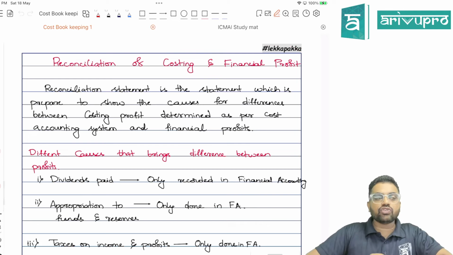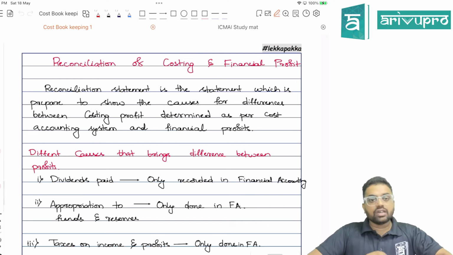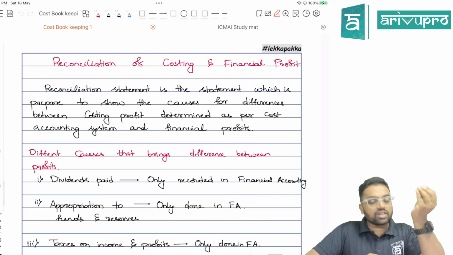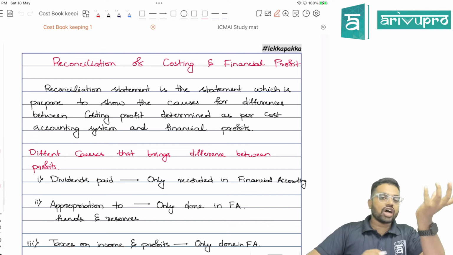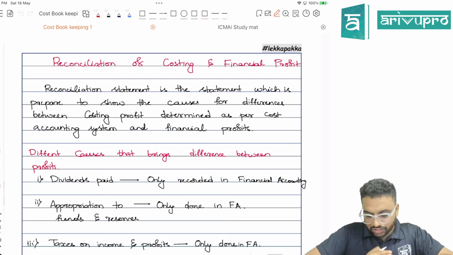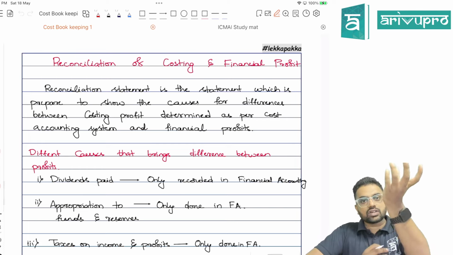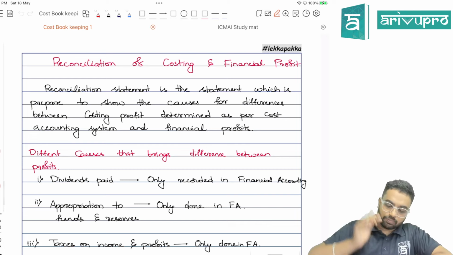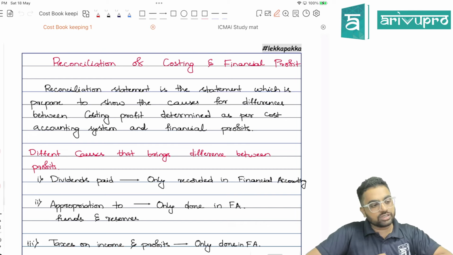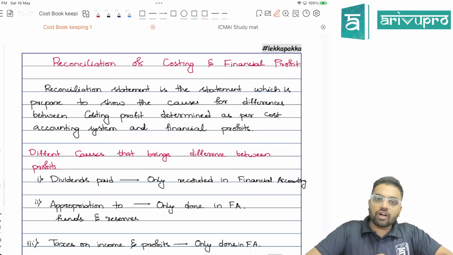Here we are trying to find out the cause of the difference between costing profit and financial profit. I repeat, we are trying to find out the difference between costing profit and financial profit. Now the question comes, sir, what do you mean by costing profit? What do you mean by financial profit?